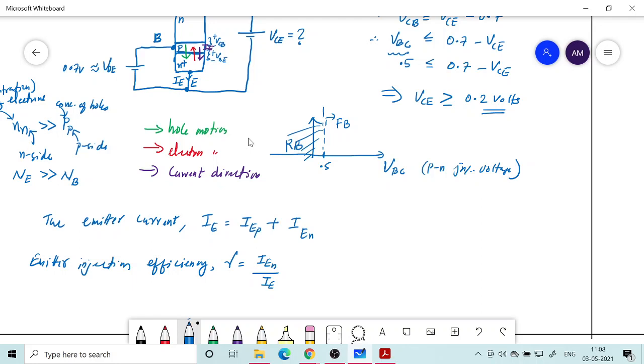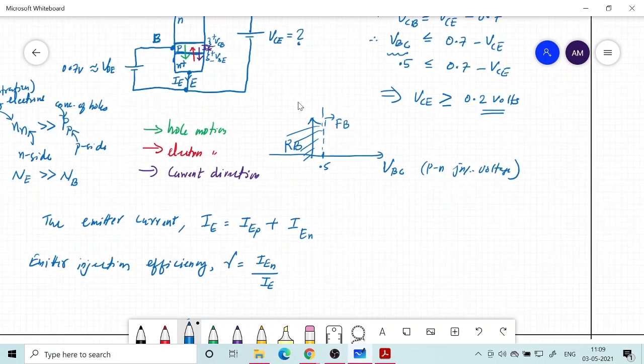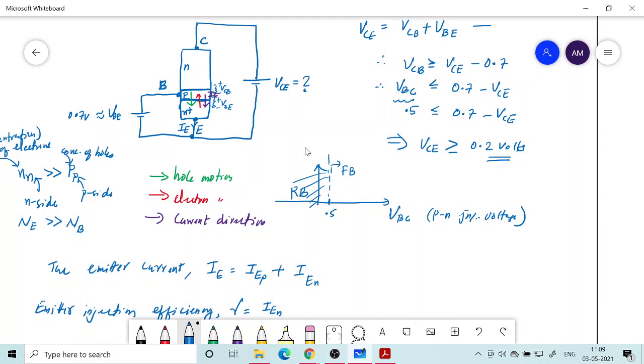We want it to be that way. After the electrons reach the base region, our aim is that they should go into the collector. They should be collected by the collector, therefore the name collector.